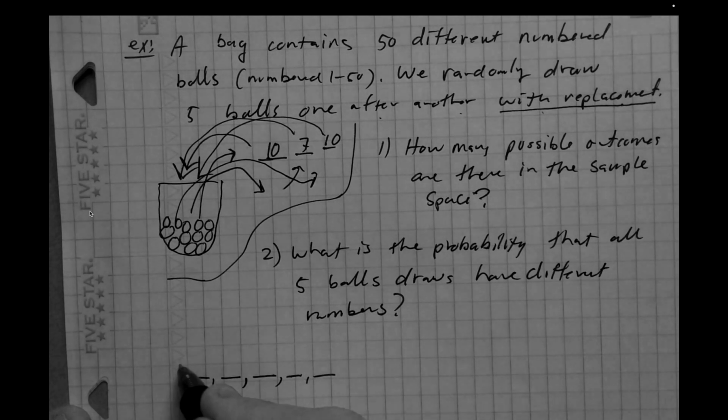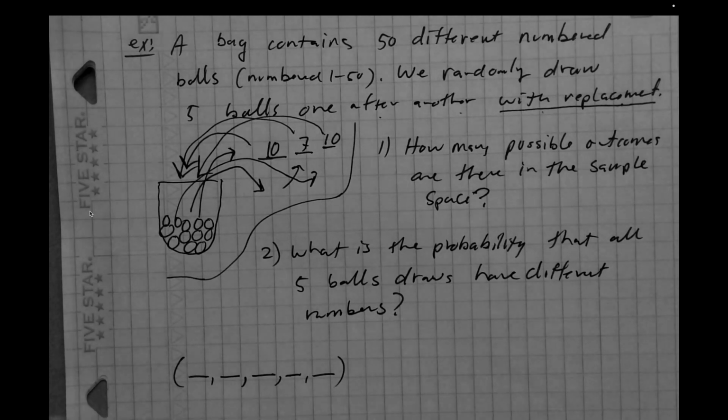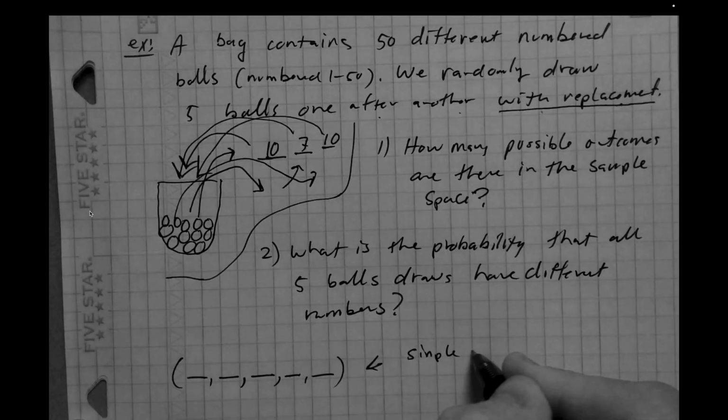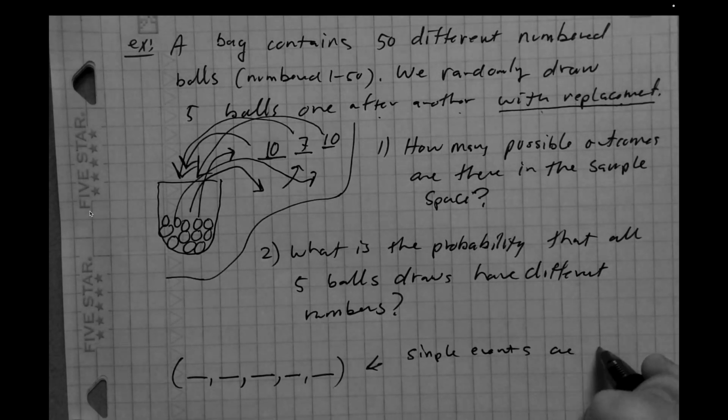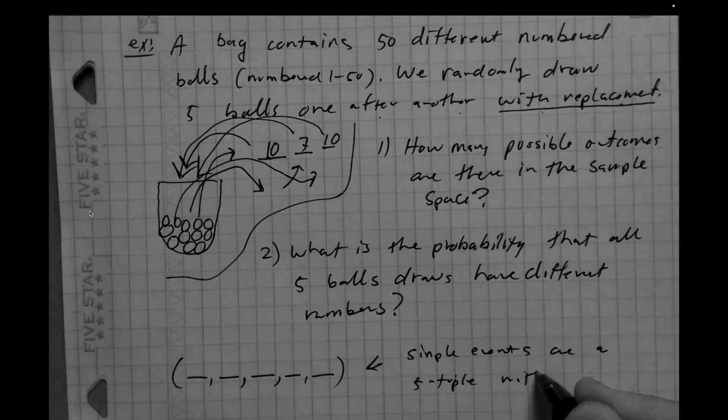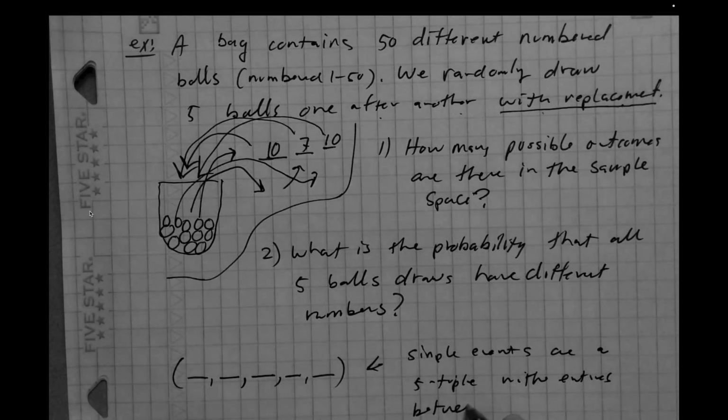So this is basically a 5 tuple between 1 and 50. These are the simple events. So the simple events are a 5 tuple with entries between 1 and 50, right?